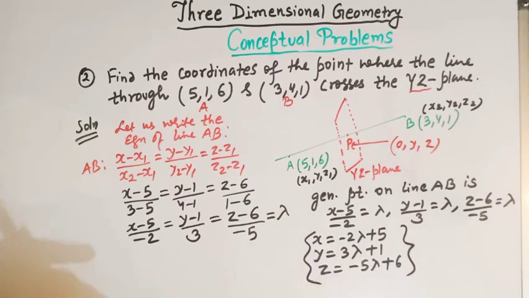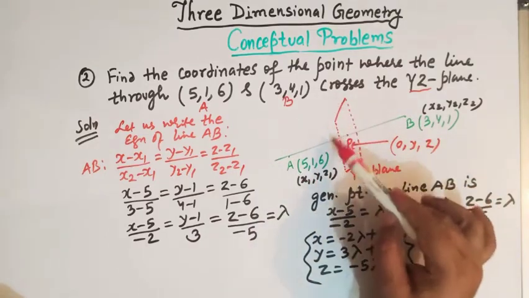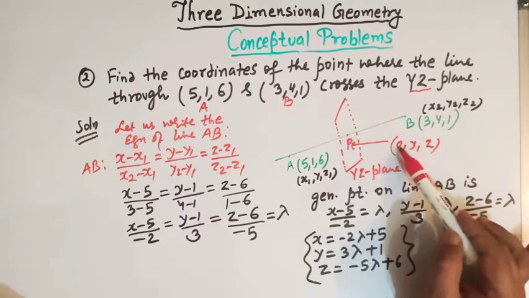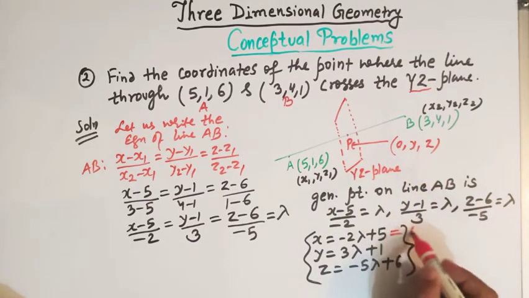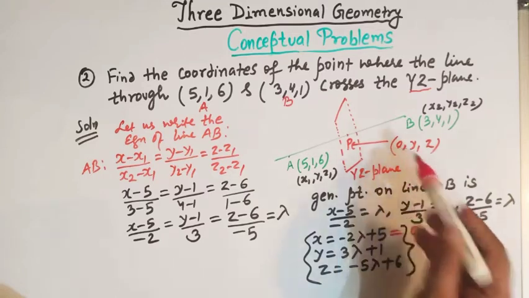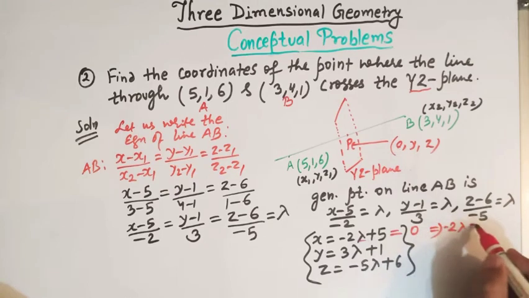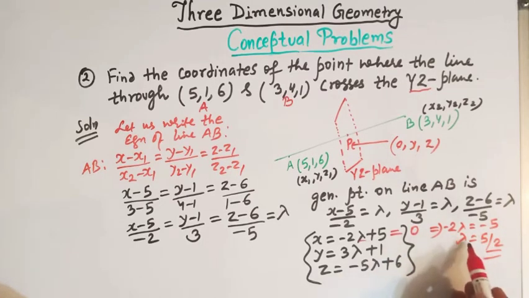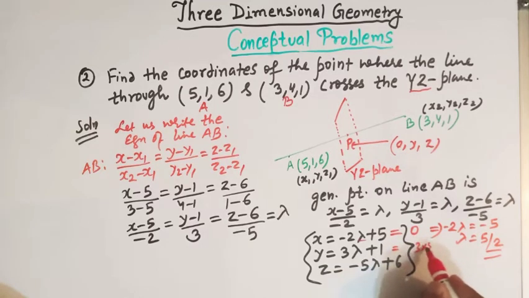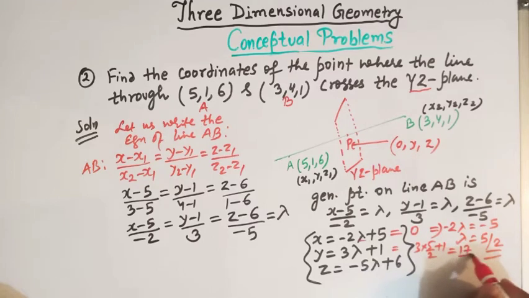Now here we are given that this line AB crosses this plane at this point P where the x coordinate is 0. So here we will substitute x equal to 0, and if we solve this equation we get minus 2 lambda is equal to minus 5, so lambda is 5 by 2. Now substituting this value of lambda here, we get 3 into 5 by 2 plus 1, that is equal to 2 ones are 2 and 15 plus 2, 17 by 2.